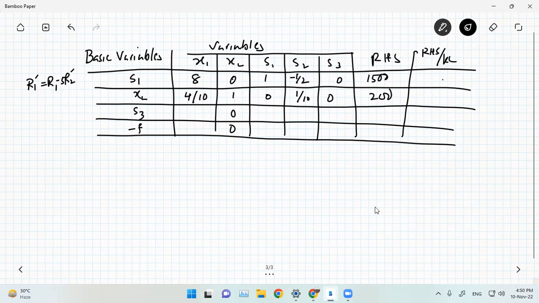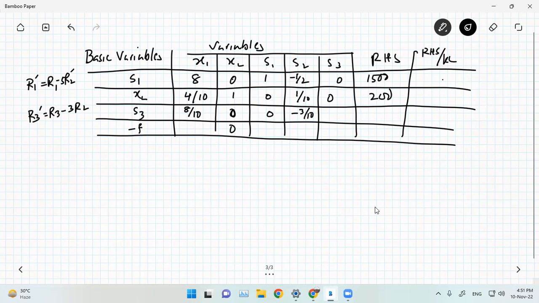Similarly, to make this one 0, we have to give R3 prime equal to R3 minus 3R2. Then this one will be 0. And the other portion will be here, 8 by 10, then 0. Then you will have minus 3 by 10.